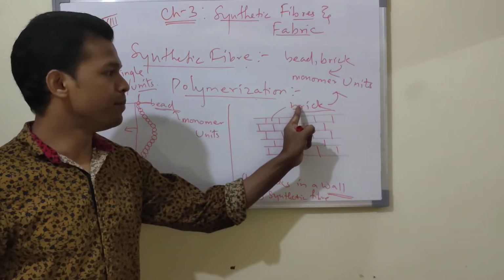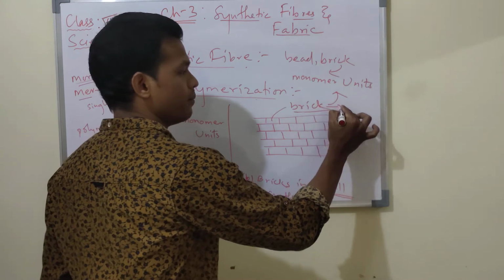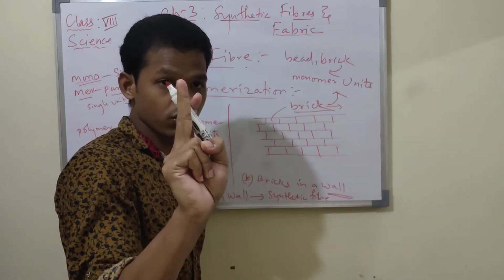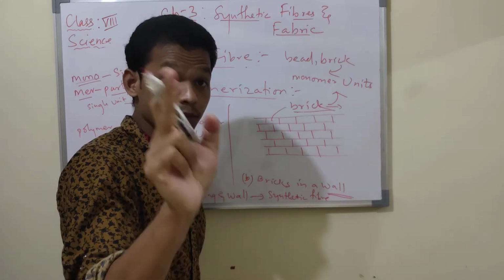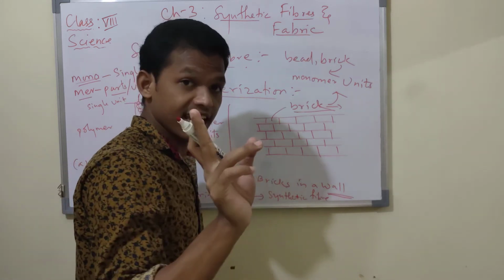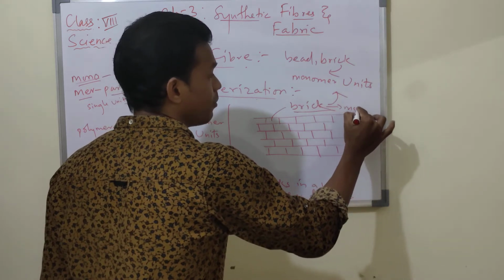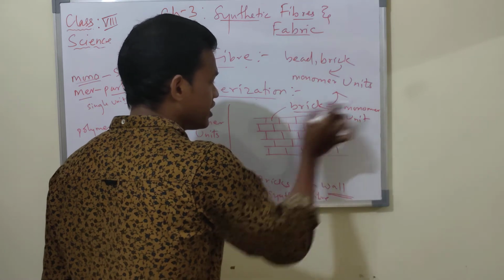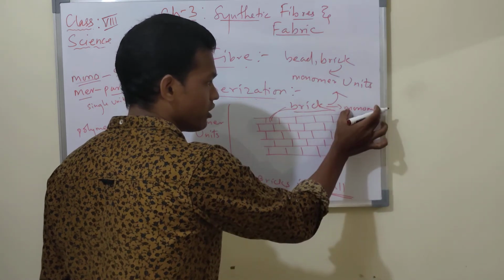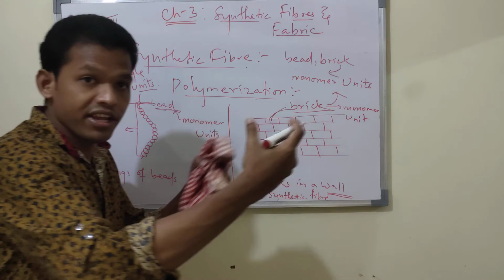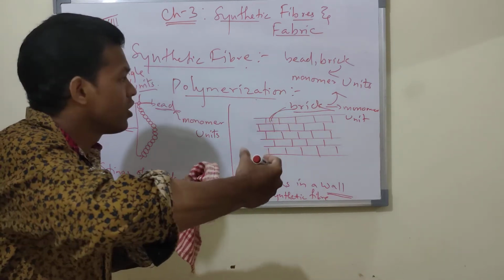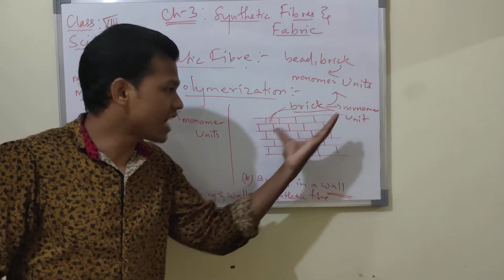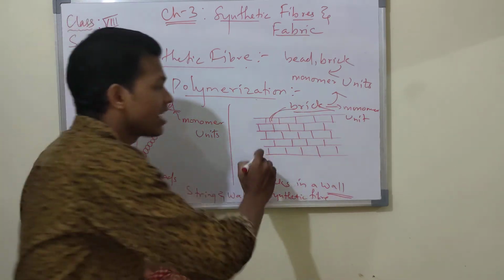Here you can say brick. A single brick is one unit. A single unit you can say is a monomer unit. Mono means single. These same monomer units are combined together to form a large wall.